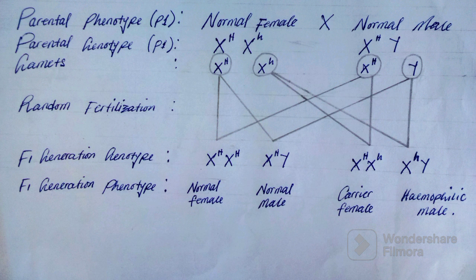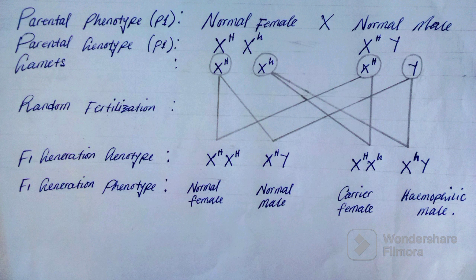Under parental phenotype, we describe it as normal female, to show that this female was normal for this disease, crossed with normal male. Both of the parents were normal. On parental genotype, we write the genotypes for these parents.